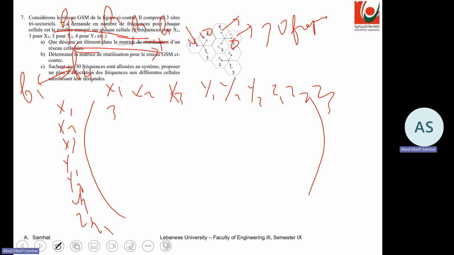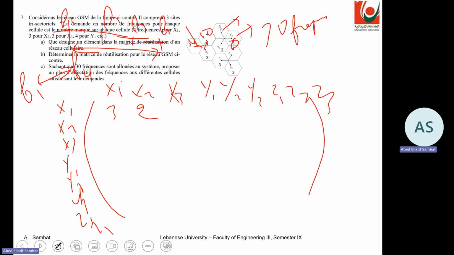Between two adjacent cells, we have two cases: the adjacent cells are on the same side, or they are on different sides. If they are on the same side, for example x1 and x2, which are three-sector cells on the same side, the preferred gap is 2.